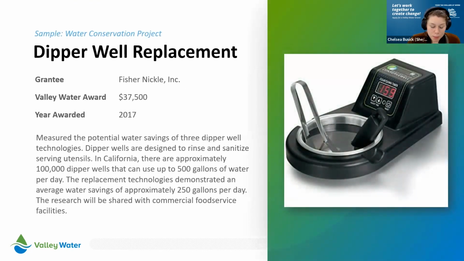So here's a sample project of dipper well replacements that were awarded to Fisher Nickel. You can read more about this project as well as all previously funded projects by visiting our grants project list that Robert will put in the chat. We also have some success story pages and other program information we'll put in the chat.